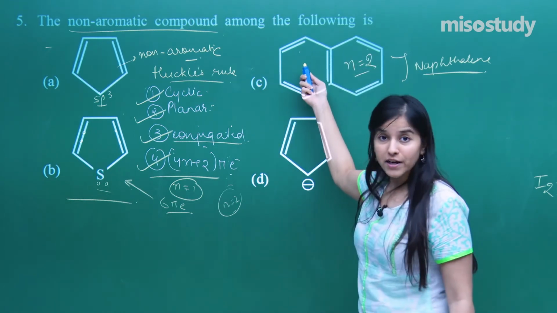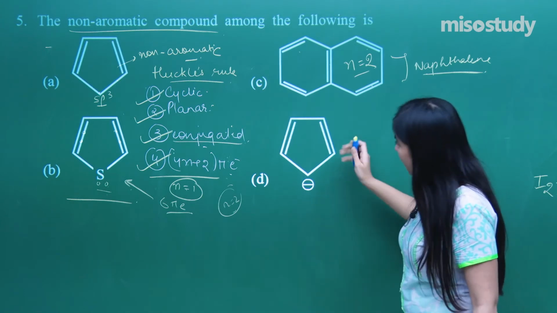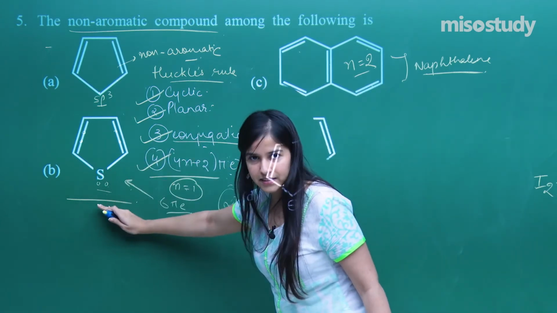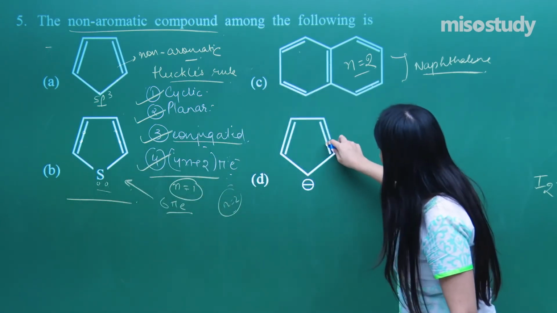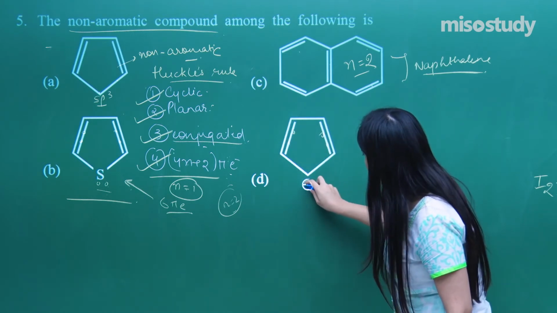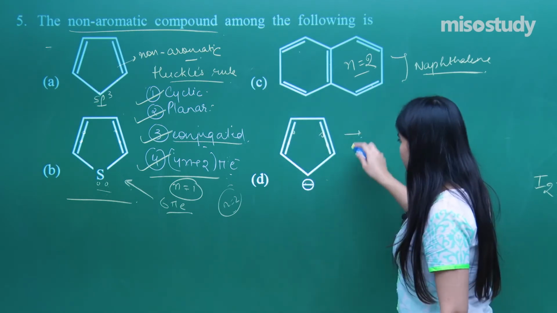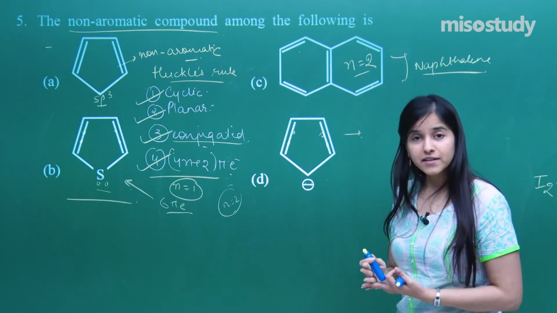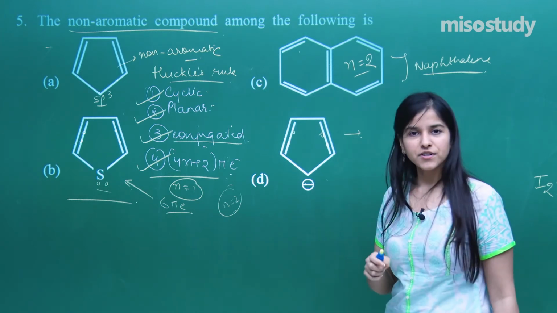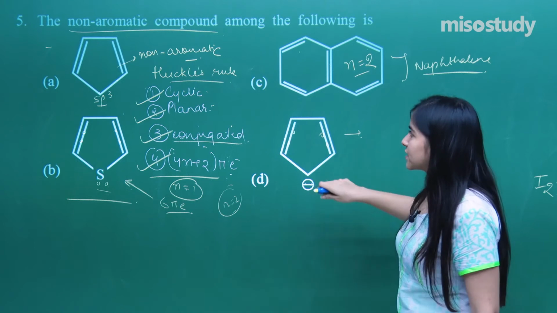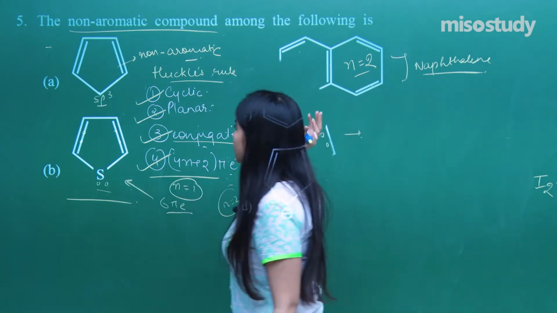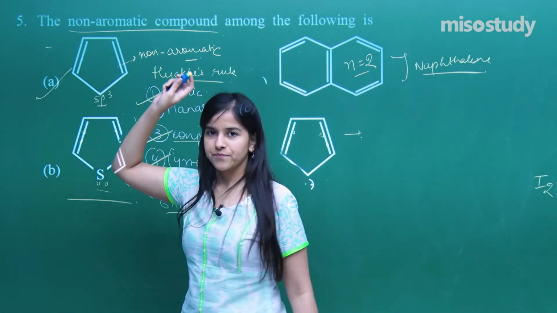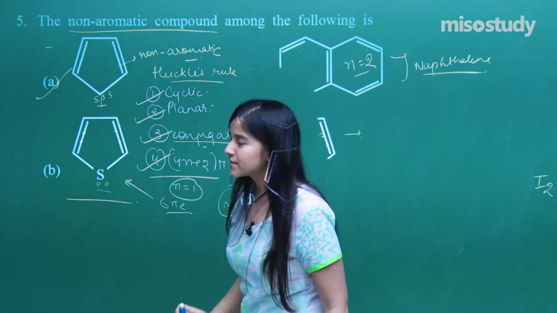That means this is also aromatic. If you look here very carefully, again a similar case as in this one. Here again I have got 6 pi electrons, and it will be conjugated as well as planar as well as a cyclic compound. So this is also aromatic. What is non-aromatic out of all 4 is this particular one. So I hope everybody has got my answer.